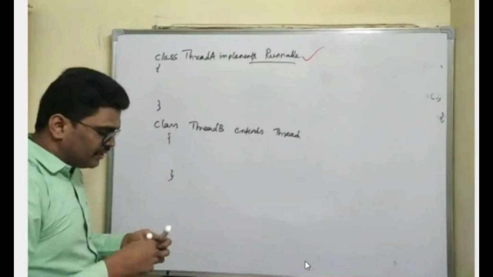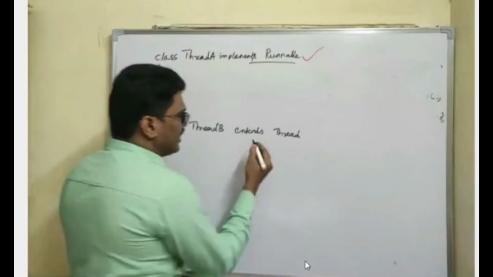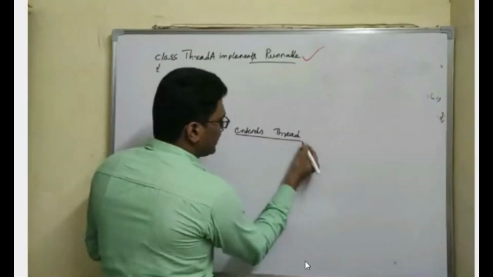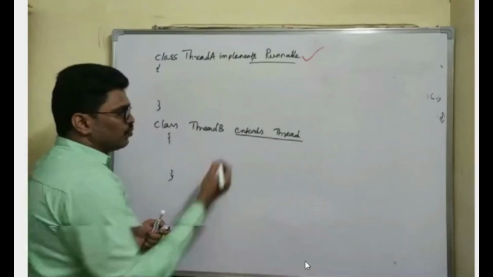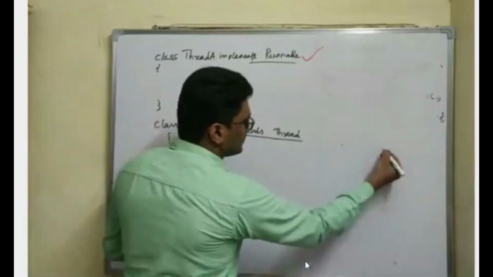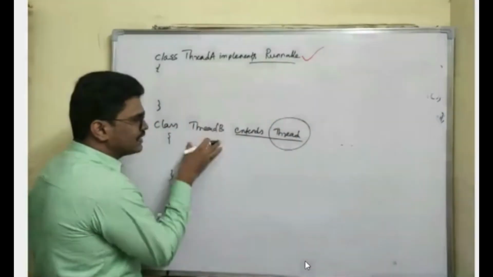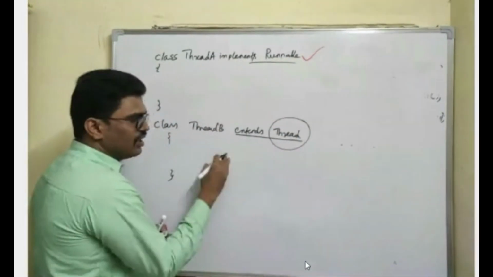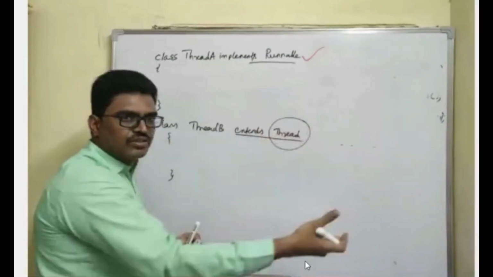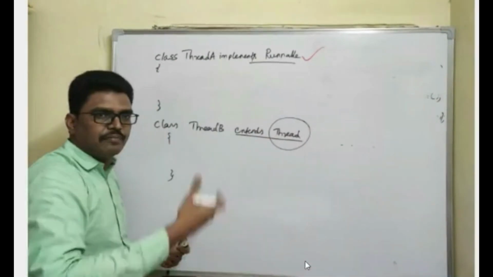Why? One main reason is that whenever you are extending a class, you cannot extend multiple classes. Whenever you are extending Thread, there is no option of your class extending some other class, because extends A comma B is not possible. That's what we discussed in multiple inheritance.